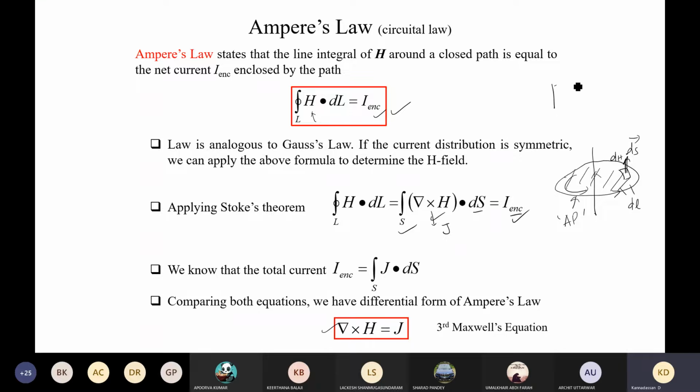If the structure is a little bit tricky, a very complicated shape, and you know the surface current density, then in order to collect all these things, sometimes it will be difficult. So what people used to do, they will divide this into multiple small portions.